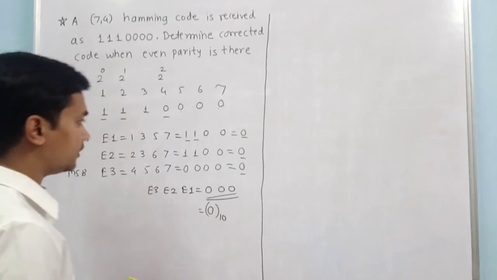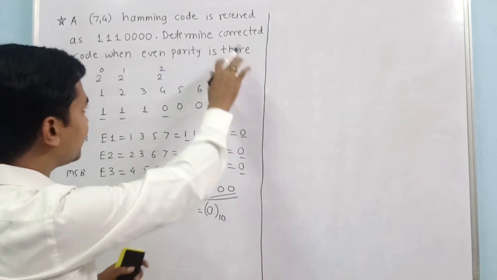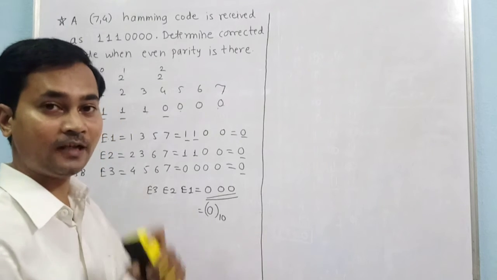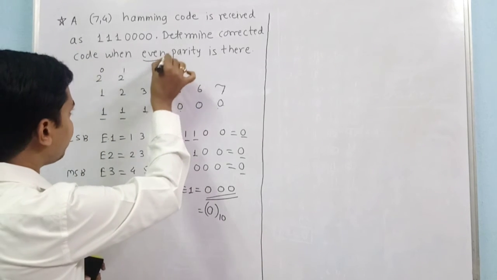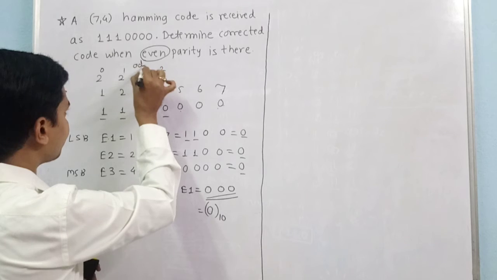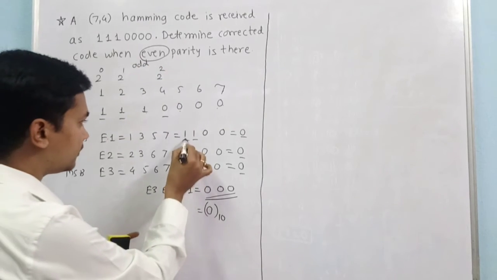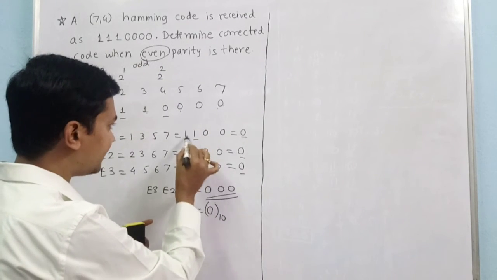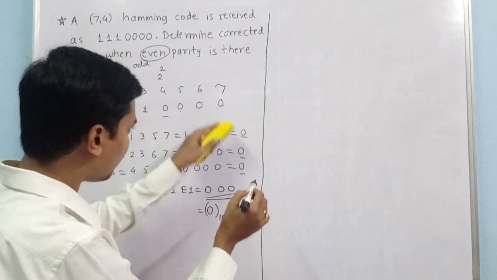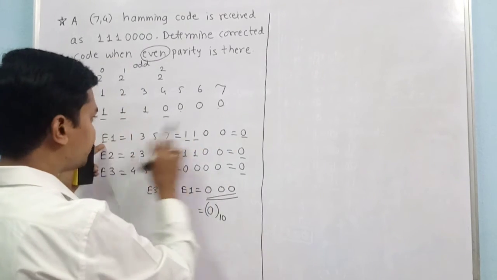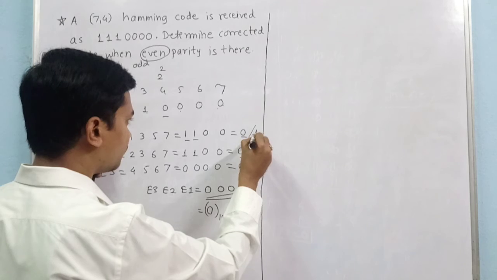Now if you convert this problem statement to odd parity, what will happen? This received pattern has an even number of ones. To make it odd parity, the even bit must be 1.